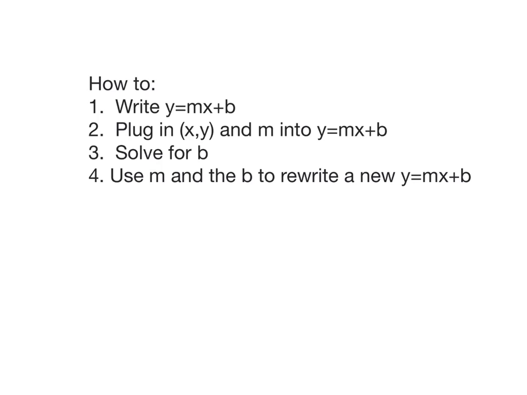What's the only thing that we're not plugging in? B, right? So that's what we're solving for. Step 3, solve for b, so we're going to try and get b by itself. Then the last thing we're going to do is use m and b to rewrite a new y equals mx plus b. Okay, so let's do the first example.